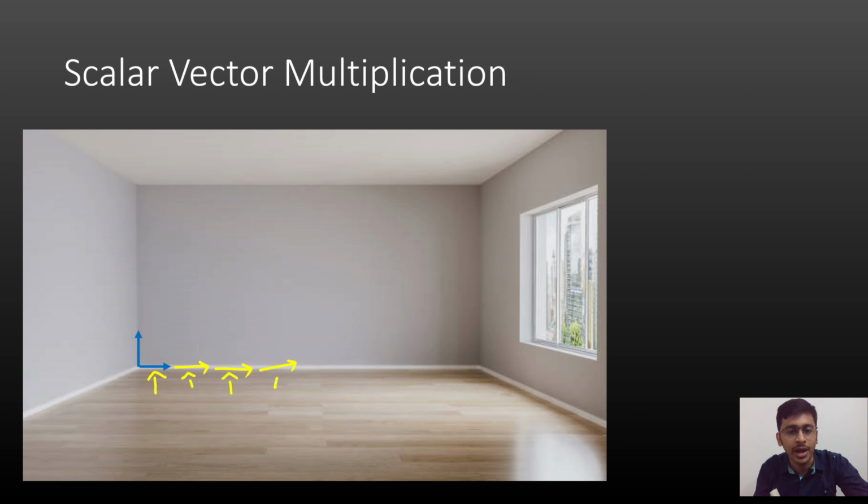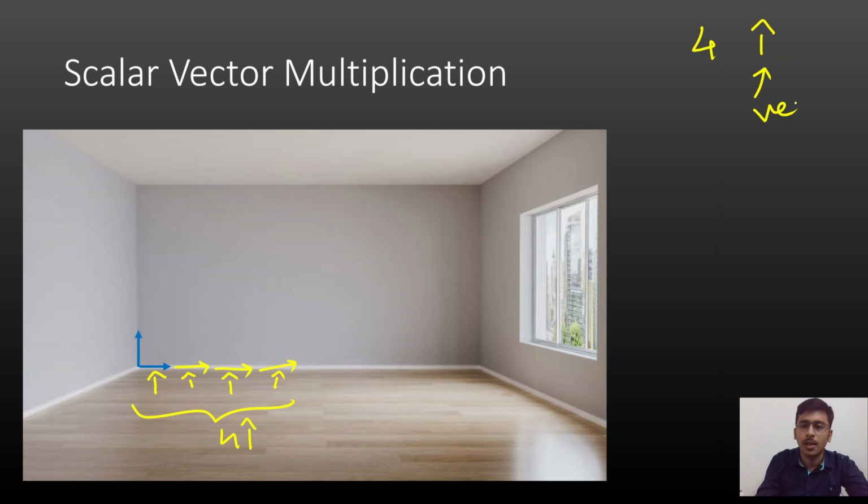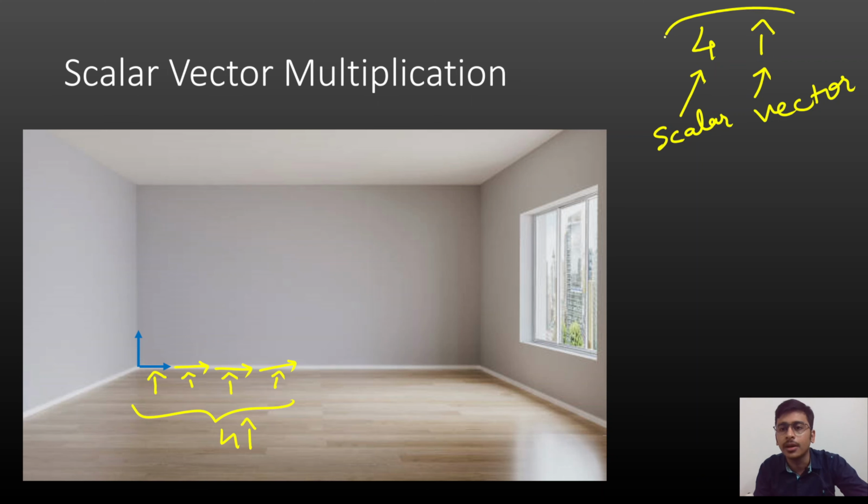This is 4 i cap, correct? So essentially what we are doing is we are multiplying this vector with this scalar number 4. So 4 i cap is nothing but the scalar vector multiplication.